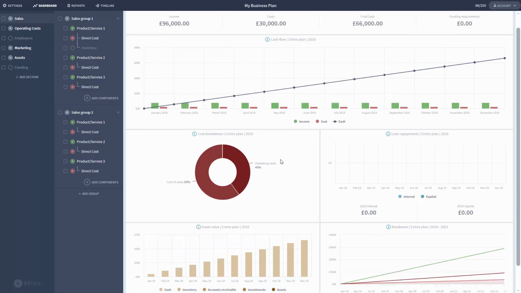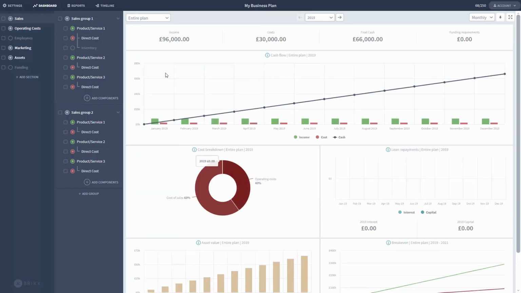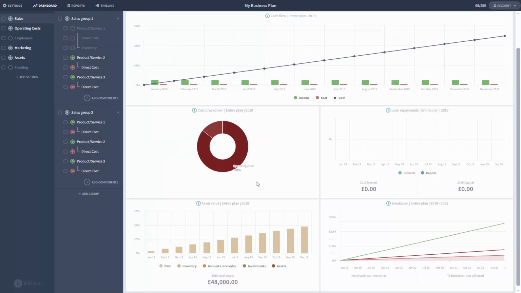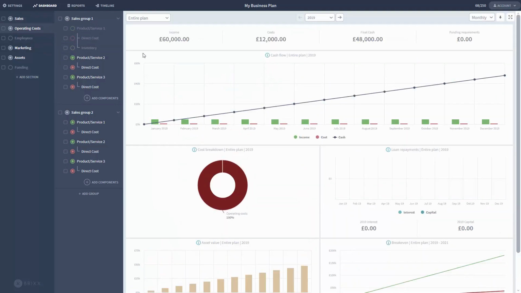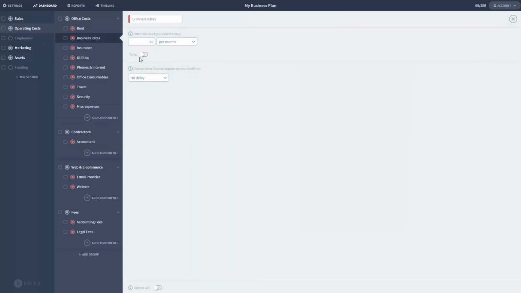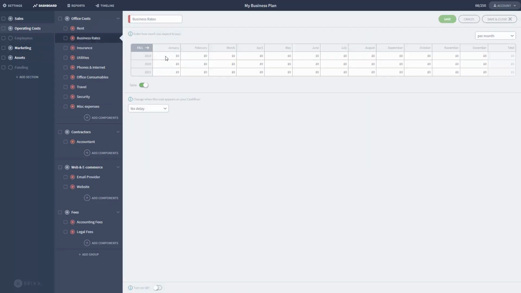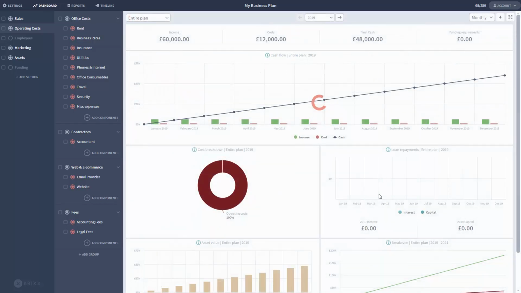Right, so as an example, let's pretend, and let's turn this off as well, let's pretend that we're a startup and we have some startup costs, and let's do that in the first month. Let's enter £60,000 into the first month.